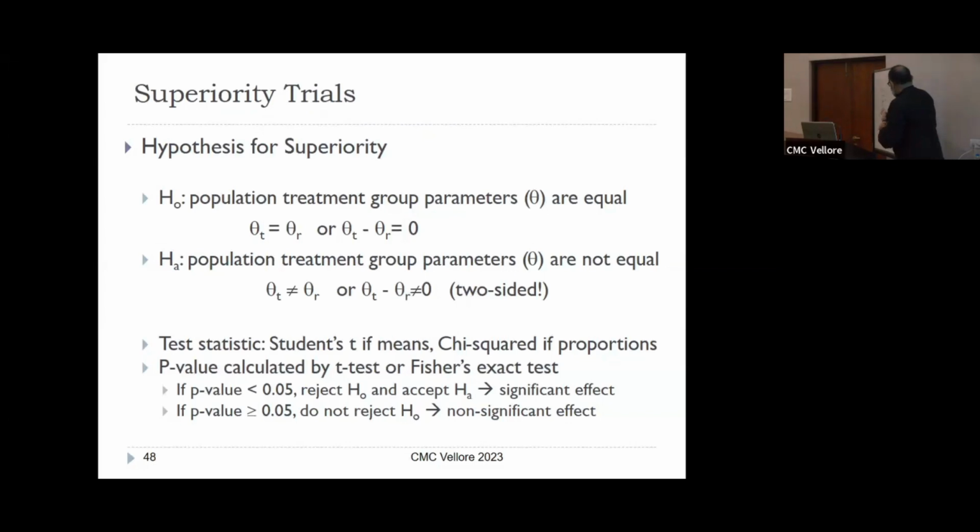And I would reject my hypothesis if I get a Z value, so this is a Z statistic, that is on this side of 1.96, and say, oh, it's statistically significant. And you would not expect to get on this side whatsoever, because you didn't expect it to be worse, you expect it to be better.